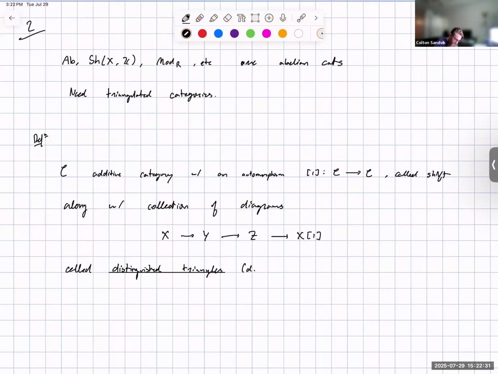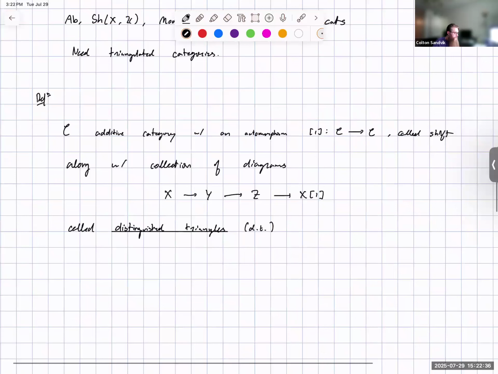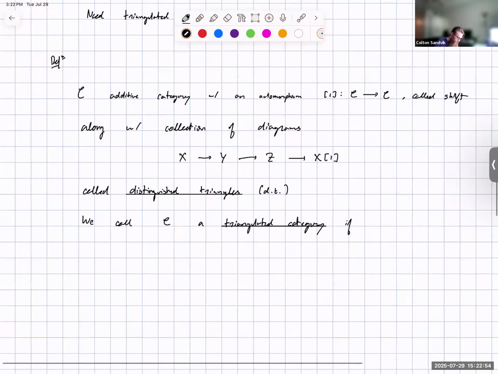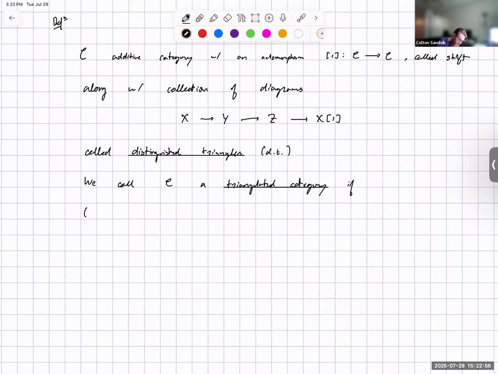I'm going to just abbreviate these DT. And these should satisfy a collection of axioms. So we will call C a triangulated category if the following holds.